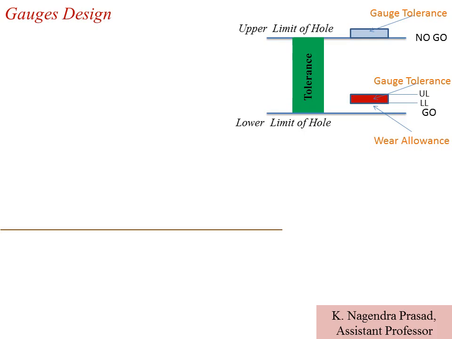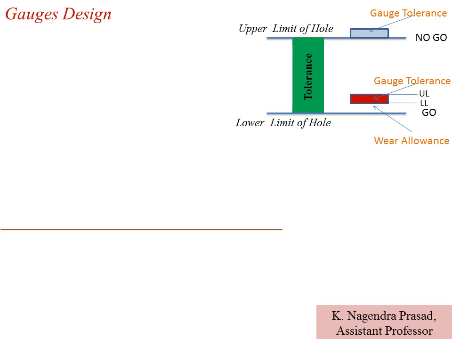Here we observe that the go gauges are designed for the lower limit of the hole and the no go gauges are designed for the upper limit of the hole. Moreover, we add the wear allowance as well as the gauge tolerance for the go gauges. Similarly, for the no go gauges we add only the gauge tolerance.